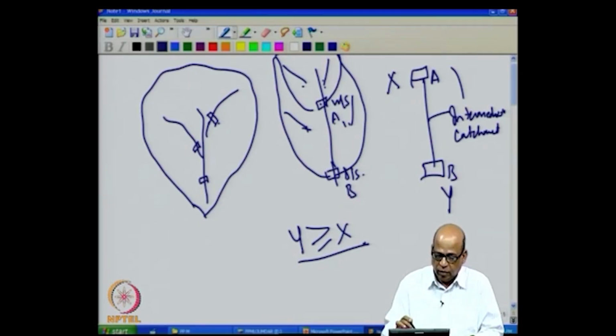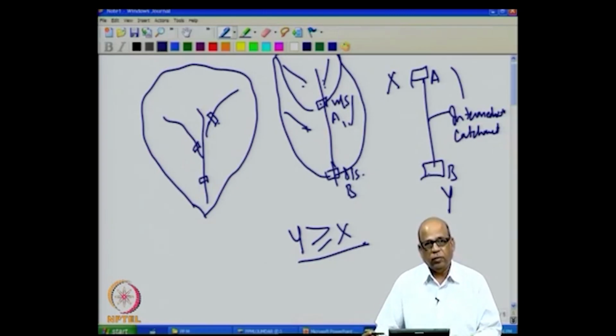One is, as I said, the intermediate catchment rainfall itself may be very small. There may be a significant water utilization which we have not accounted for in the data that is obtained at B, or there may be something wrong with the data that is observed at either B or A. The last point is what we must be alerted to, that is what indicates data inconsistency.